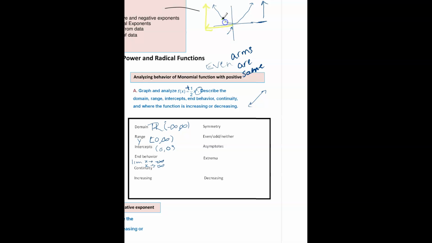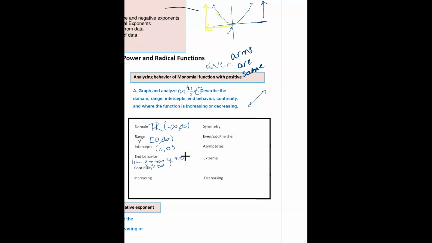So we're going to say as x values get closer to negative infinity, y values go to positive infinity. Usually we say f of x.